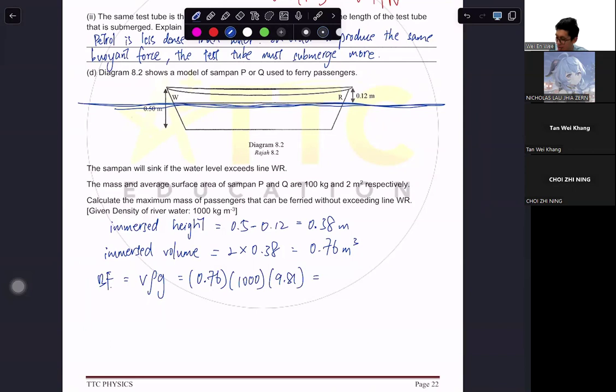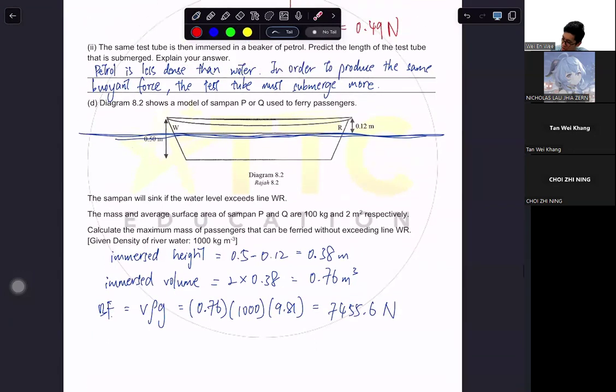So can you calculate what is the buoyant force? 7,455.6. Okay, right? 7,455.6 newtons.